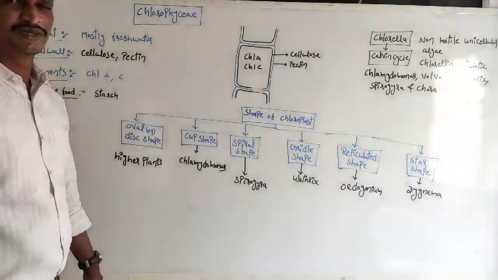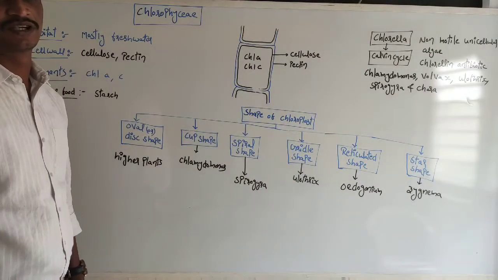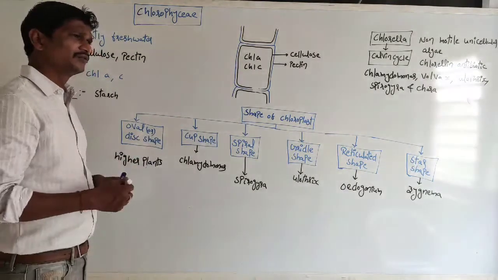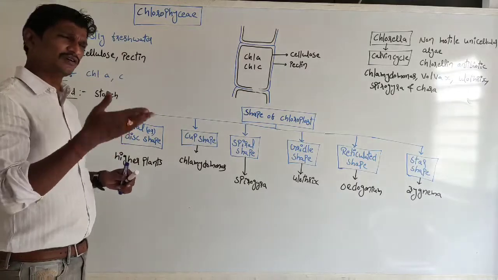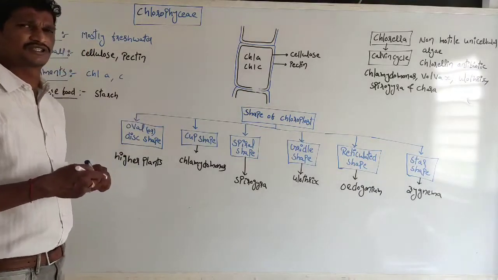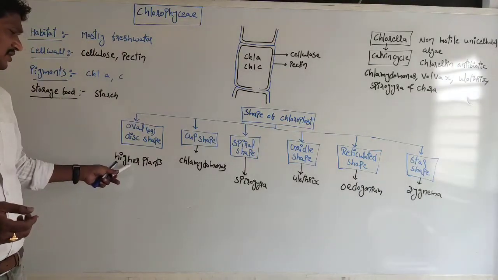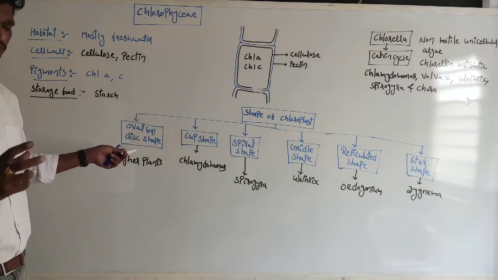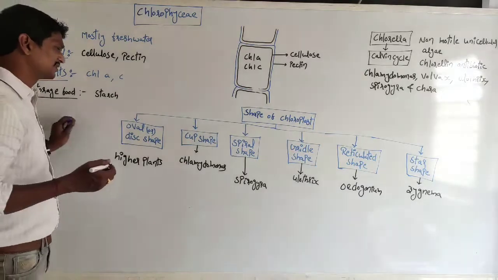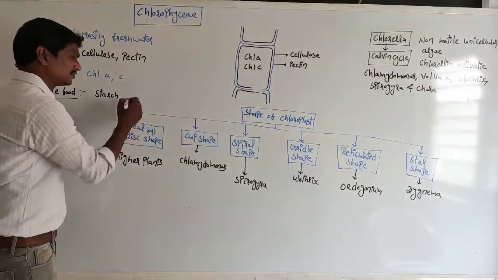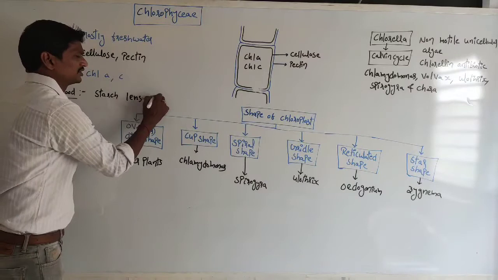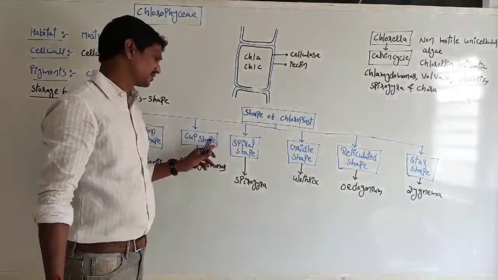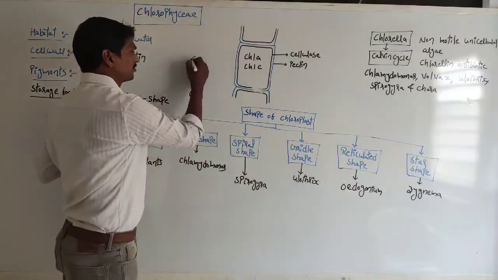The oval shape or disc shape: we know there is an oval-shaped structure, or in certain cases a disc-shaped structure. This kind of chloroplast shape is seen especially in higher plants. Some books also give the girdle shape. Then the cup-shaped structure.